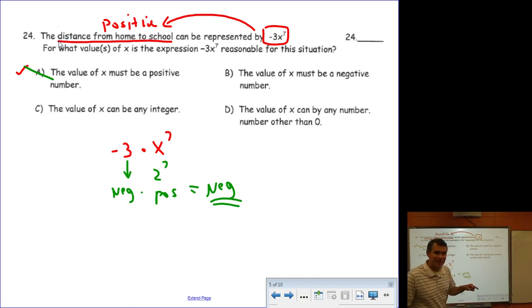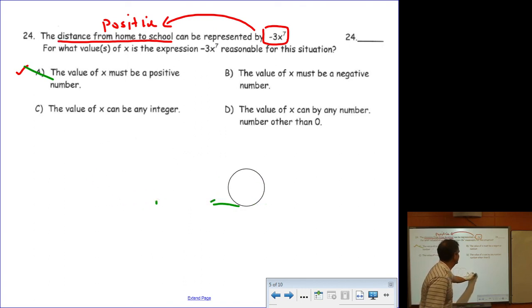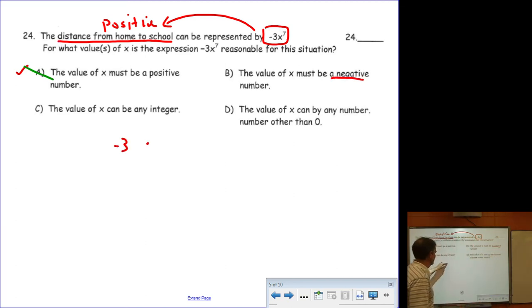I may have missed that when I gave you the answers. Choice B. X must be a negative number. Well, let's try a negative result for x. So negative 3, of course, is always going to be negative. If I put a negative number in for x, like say negative 2 to the 7th, now negative 2 to the 7th ends up being negative, right?